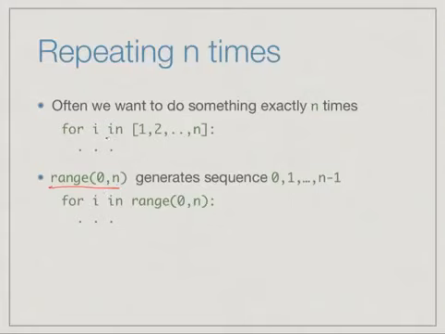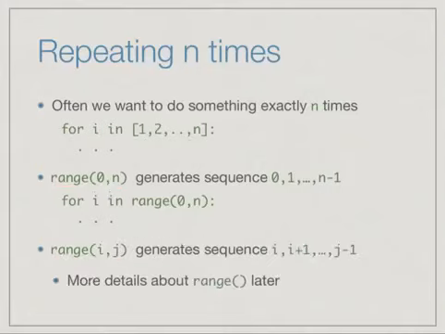So instead of writing for i in a list, we can write for i in a range. And this is, from the point of view of Python, the same thing. Either we can let this new name range over an explicit list or an implicit sequence given by the range function. So in general, range i, j, like a slice i to j, starts at i and goes up to j minus 1.